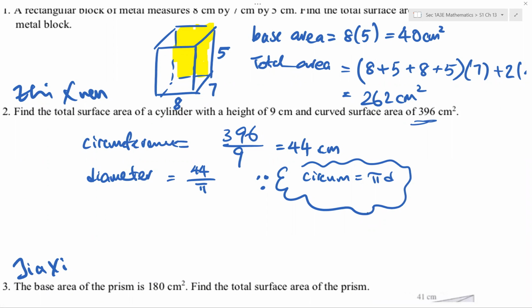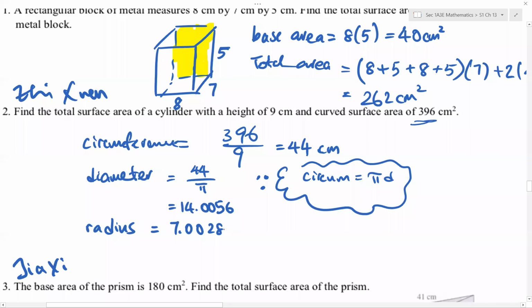Diameter is 14.0056. Okay, 14.0056. And then radius. What is the radius? Divided by 2. Okay, 7.0028.